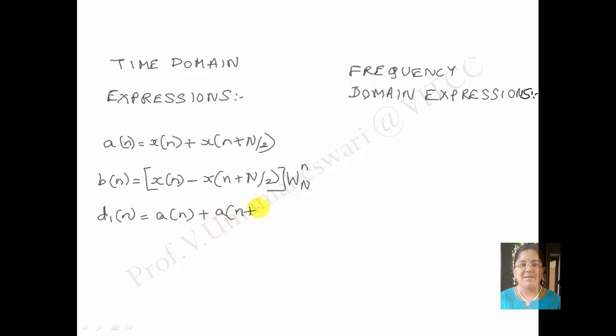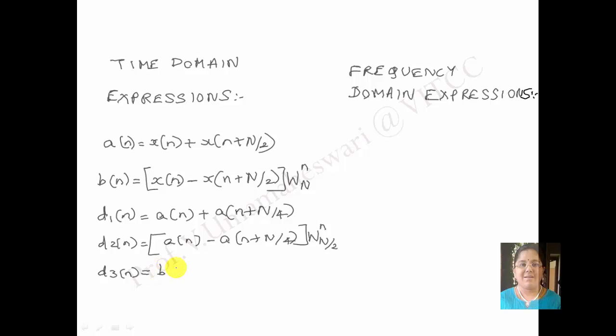We are already aware of that. So A of n equals x of n plus x of n plus N by 2, B of n equals x of n minus x of n plus N by 2, the whole into W_N^n. Similarly you have D1 of n, D2 of n. I hope you can understand. Then D3 of n will be what?